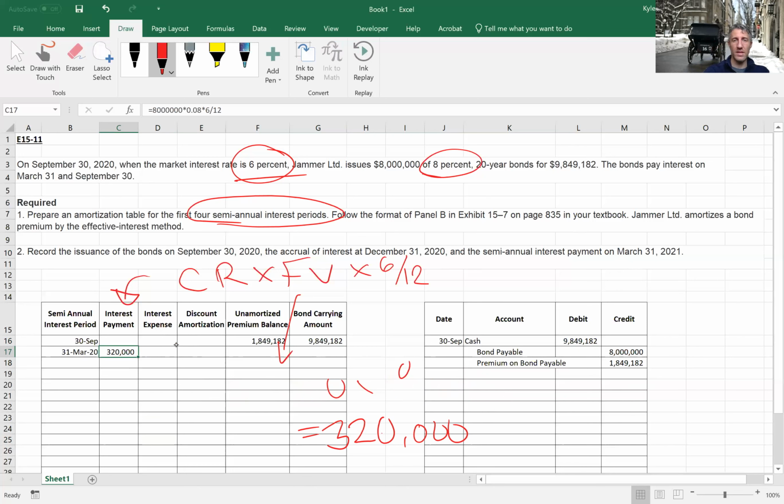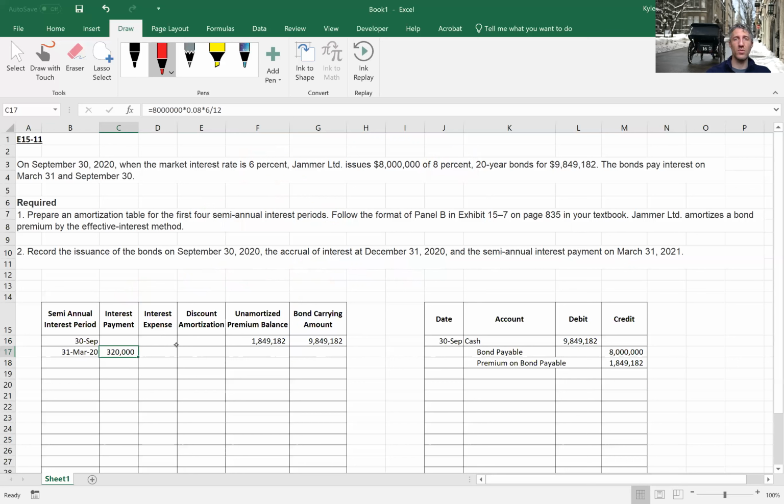But that's not the interest expense that the corporation is going to reflect on their income statement. The interest expense they're going to reflect is going to be dictated by the market interest rate and the carrying amount of the bond. Remember, they received more cash because there was a premium on the bond. Cash was higher because the interest rates were lower.